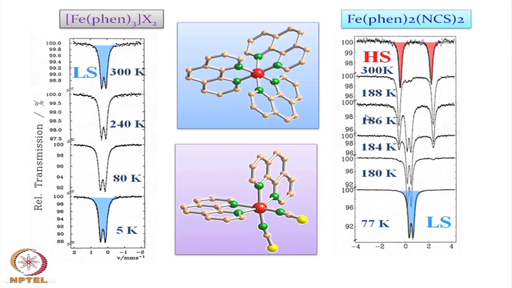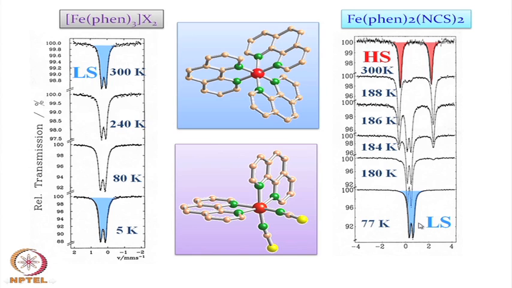So, this is the range that we have seen in one other previous example, that around 185 Kelvin the corresponding transition is taking place from low spin to high spin. The magnetic susceptibility data that you have seen earlier is similarly applicable for the Mossbauer spectroscopic data as well.